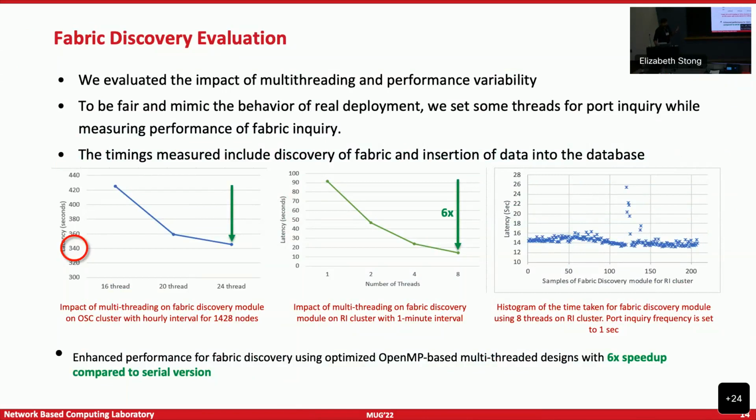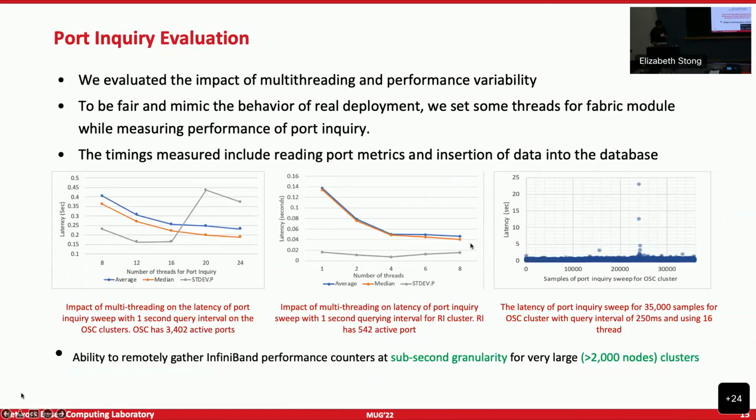This only needs to be done once or maybe twice, or whenever there's a change in fabric, so we don't expect this to happen very frequently. Through the work that we did, we are able to reduce the overall time for fabric discovery from hundreds of seconds to maybe a few seconds. So this is a significant impact.